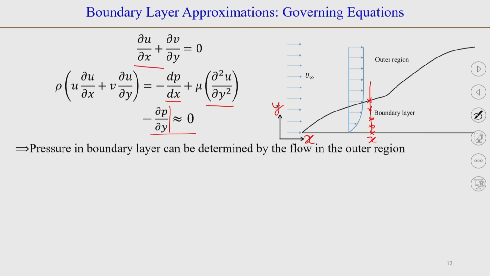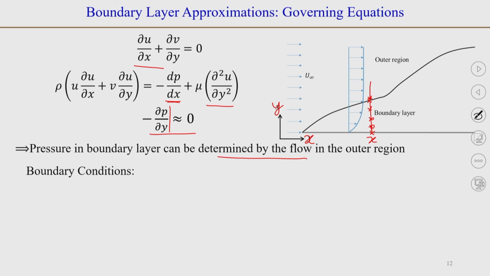So, the pressure in the outer region is the same as the pressure in the boundary layer. If we could solve the flow in the outer region, then the pressure field that we obtain from the outer region can be directly used in this equation. So, the pressure field can be obtained from the flow solution for the outer region.